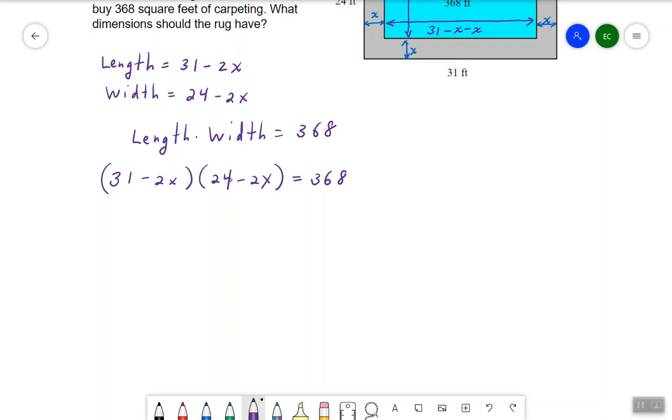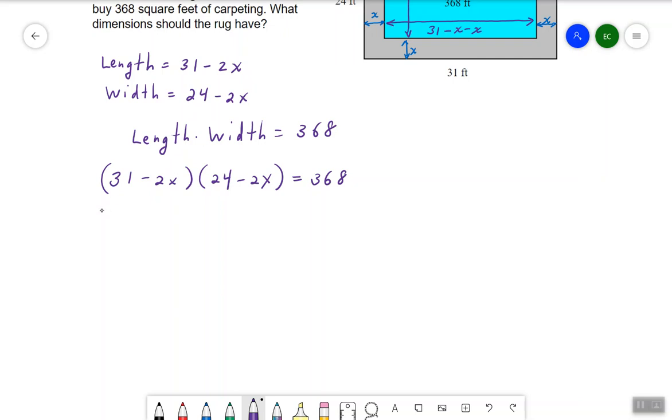So we need to multiply this out, subtract the 368 to the other side, and then we need to factor the equation. Okay, the problem gets just a little bit tedious because the numbers are large, but we can get through it, and you can always just punch these numbers into your scientific calculator as you go along.